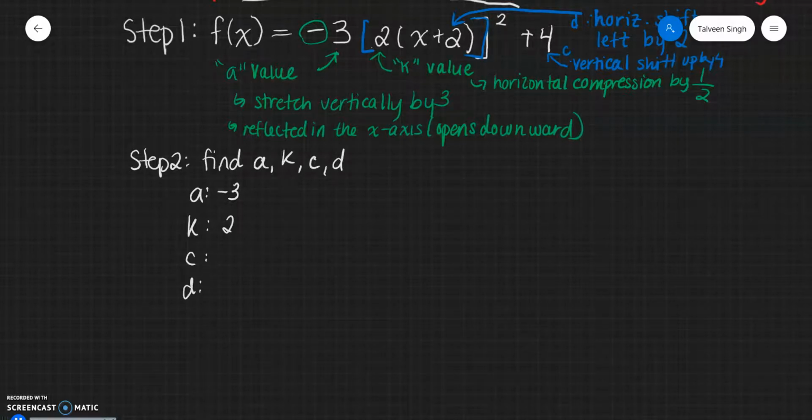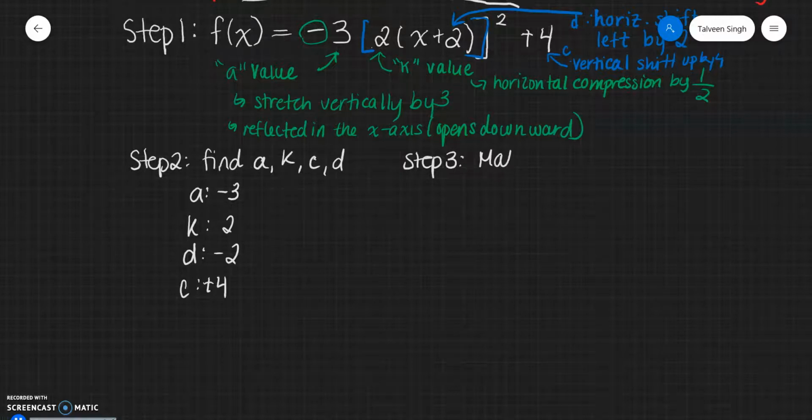Or sorry, that's D. And then for our C value, it's going to be positive 4. For some of you, it might make more sense to go in order, so we can write the D value first. That's going to be negative 2, right, because I'm pulling it out, and the C will be positive 4.